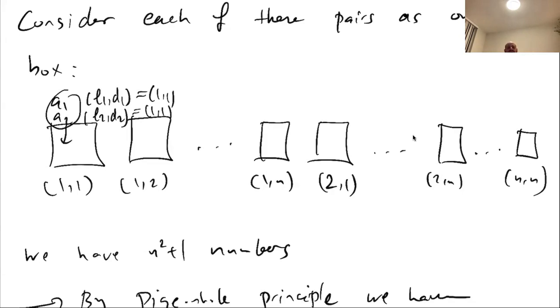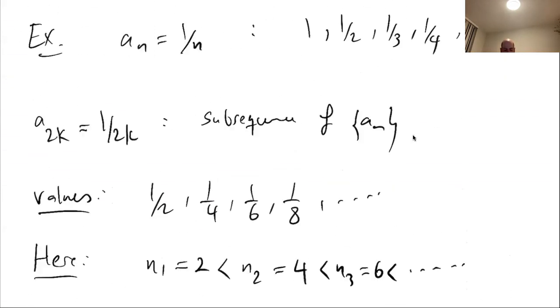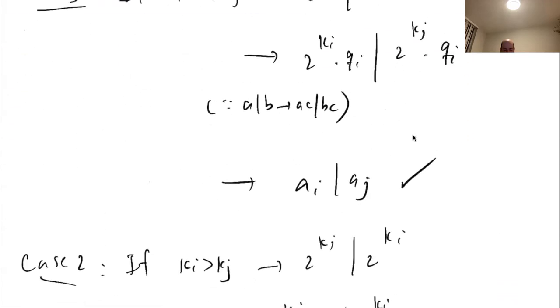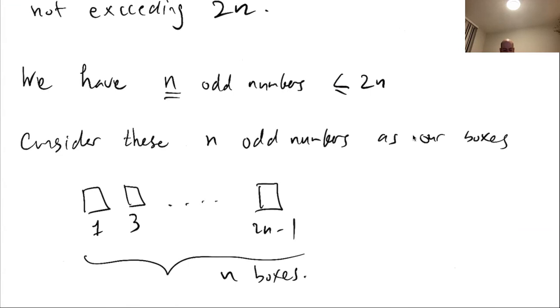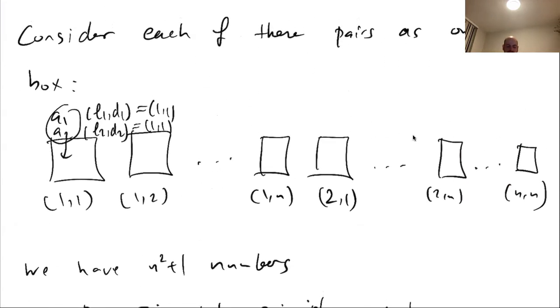We had a similar idea in the previous example. Look at the previous example. Here I had n boxes, and I said if in one box I have two q_i's, that means at least two q_i's are equal. Here, instead of n boxes, we have n squared boxes, but again, the idea is the same. If I have two pairs inside one of these boxes, those two pairs are equal to each other, because both of them are equal to the pair assigned to the box.